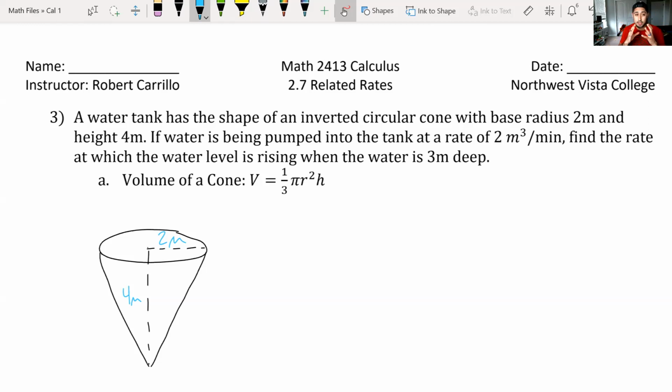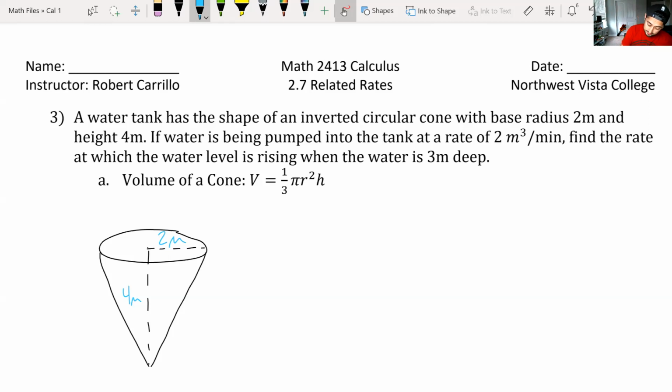Would that be the rate for volume, or would that be the rate for height, which is represented by h in the volume of the cone? That is going to represent our volume, the rate of volume. So if water is being pumped into the tank at a rate of 2 meters cubed per minute, this means that the volume is increasing at 2 meters cubed per minute.